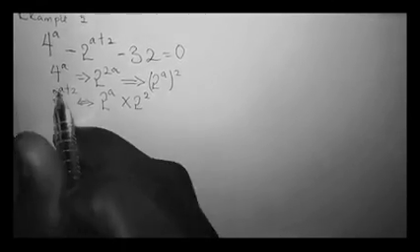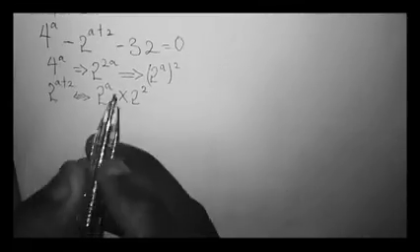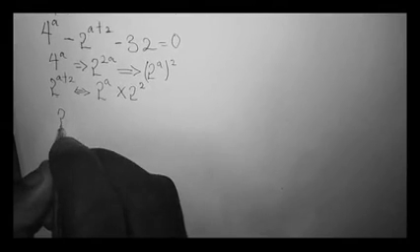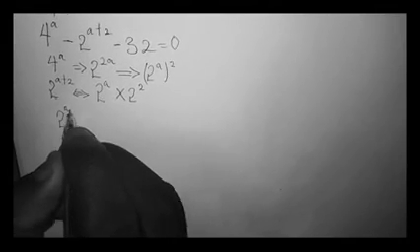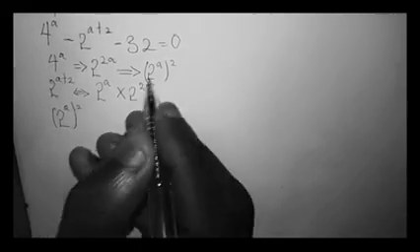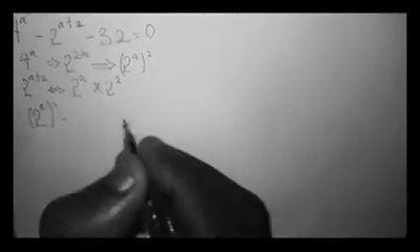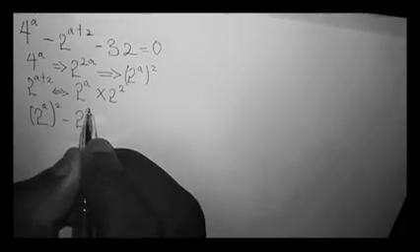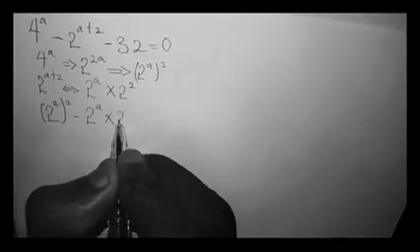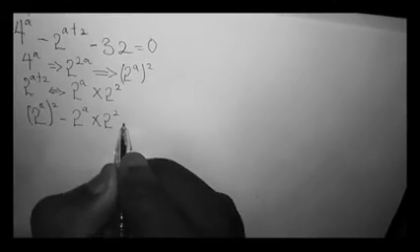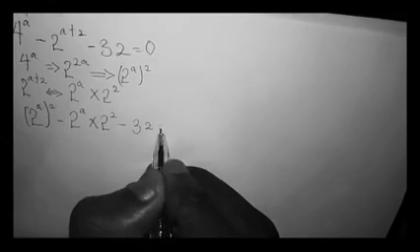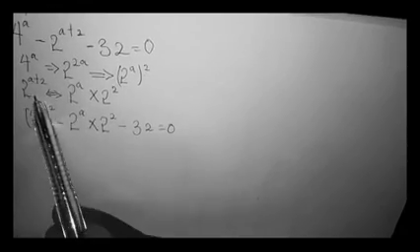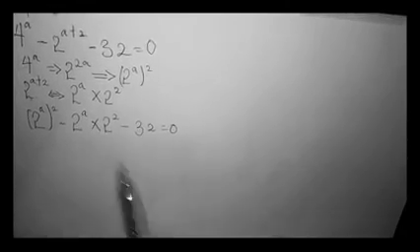So this equation will now become 2 raised to power a, all squared, like I've done it here, minus 2 raised to power a times 2 raised to power 2, minus 32 equals 0. I'm sure we get that now. So this equation here is now being expressed as this.